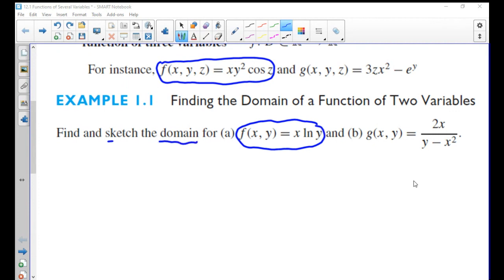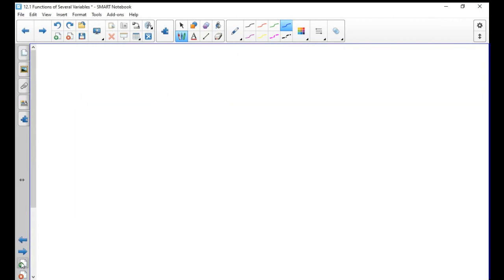Find the domain and maybe sketch it. Now, let me remind you something. Let me just take a couple of minutes to remind you the idea of a domain of a function. For example, if I give you this function, and I say, what is the domain of this function? What do you do?